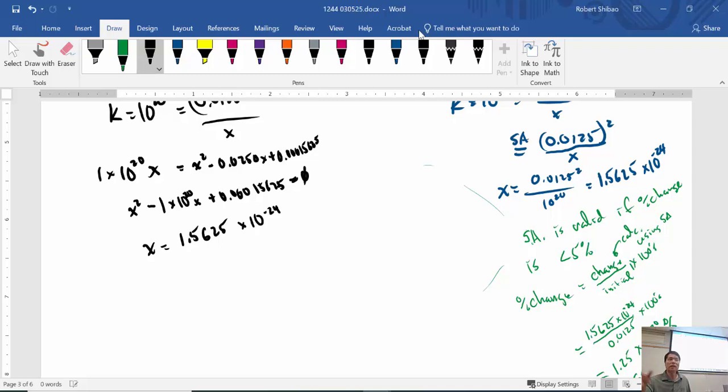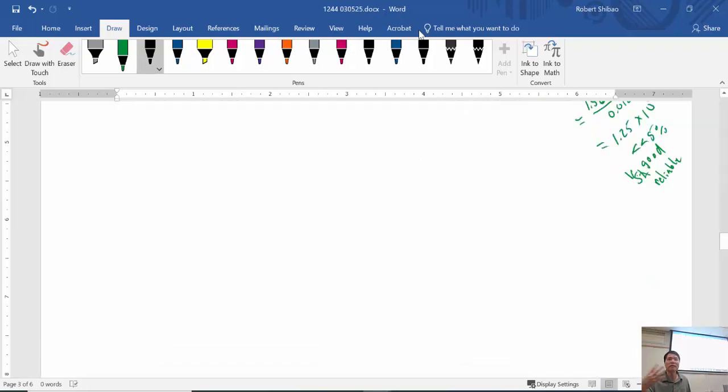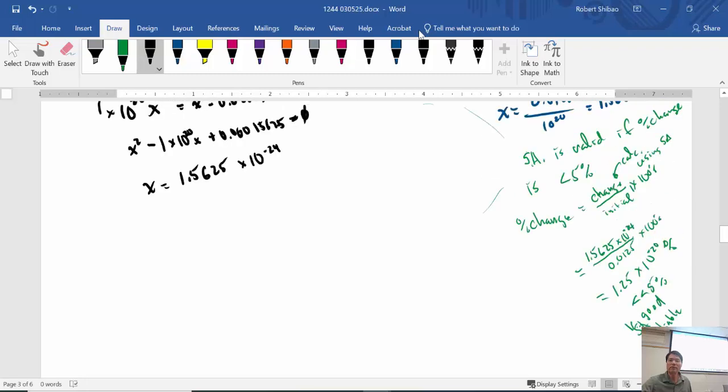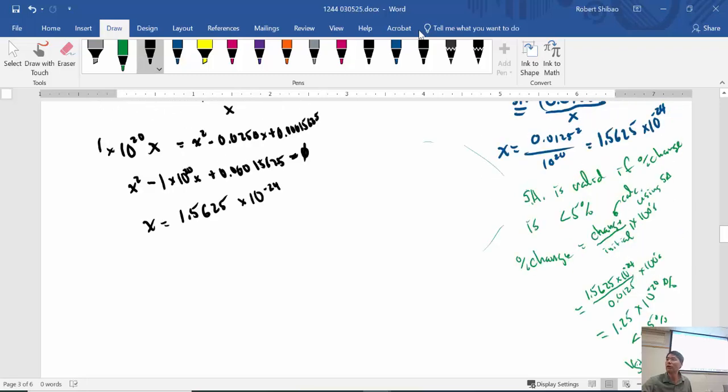If I round everything off, then I can't tell. Is my percent error high because of rounding, or is it high because I made a mistake in my calculation? What was it? 1.5625 times 10 to the minus 24?